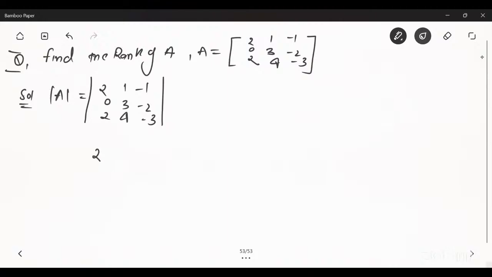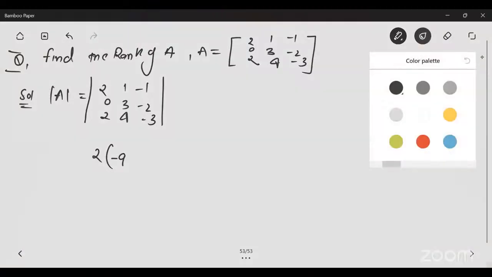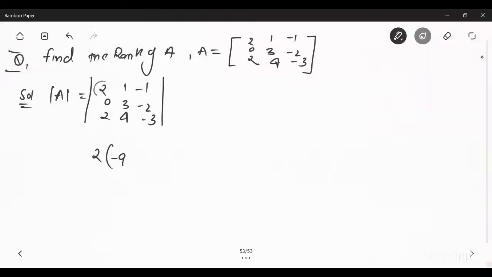So how can we solve this question? Firstly, you have to take 2. This row and this column will be hidden. So 3 into minus 3 will be minus 9, minus 4 into minus 2, which will become minus of 8.